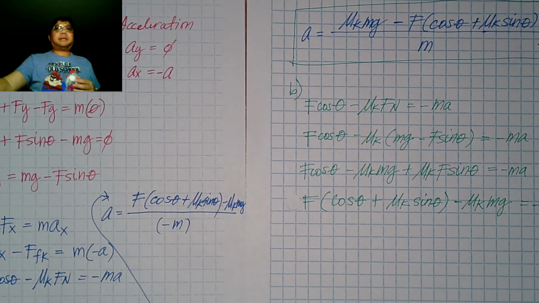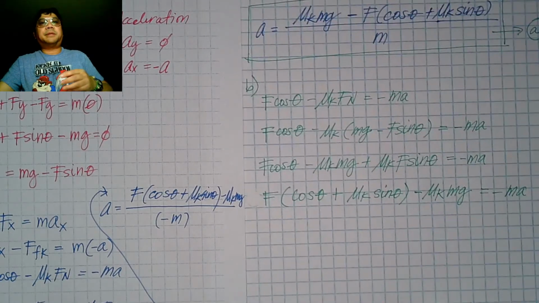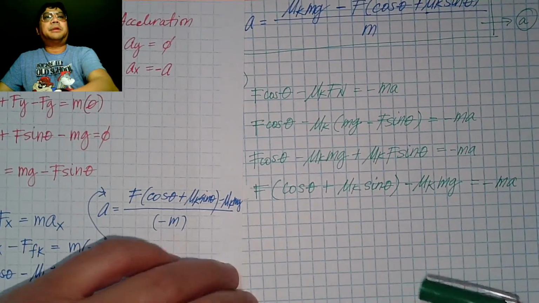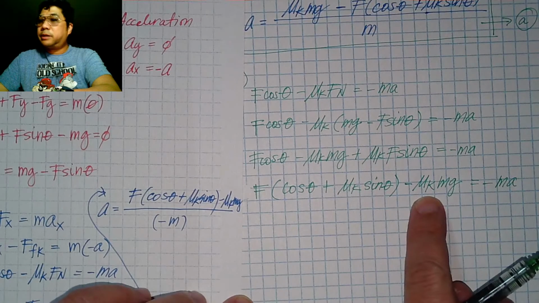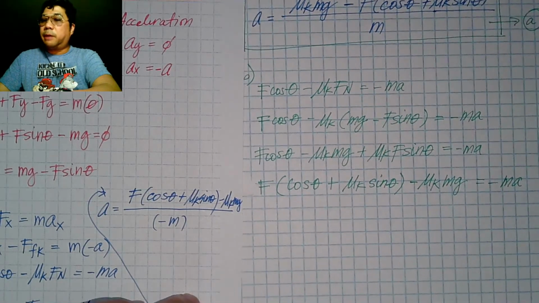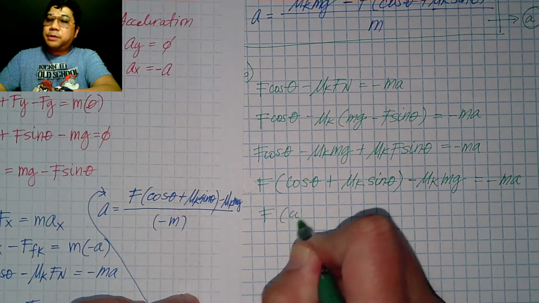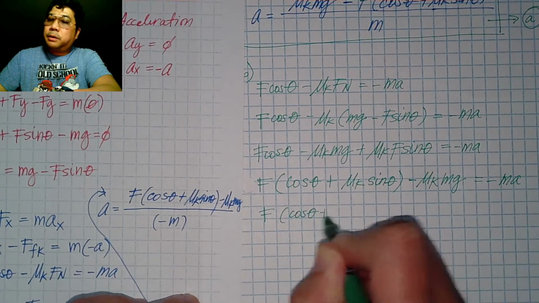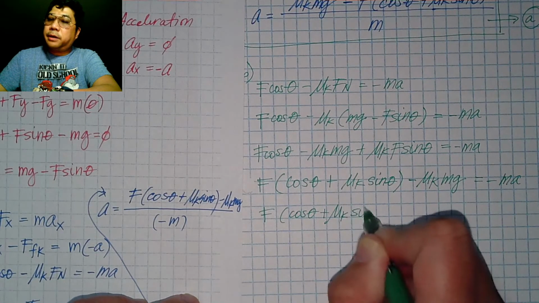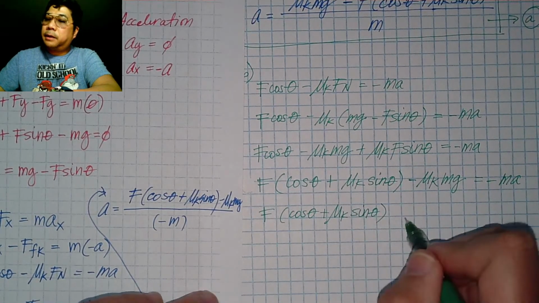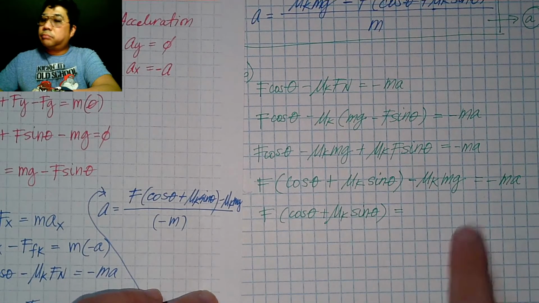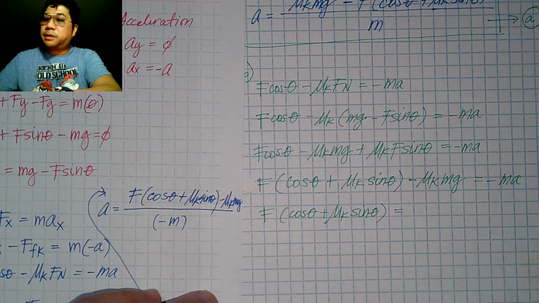Right away, I think you are aware what's going to happen next in terms of manipulating the equation. So let us bring this one to the other side of the equation, from negative to positive value. So that is f cosine theta mu k sine theta, and since this is negative, just keep it as negative.